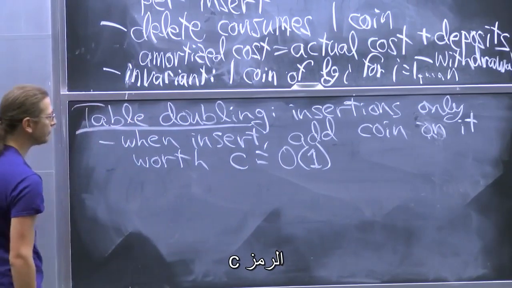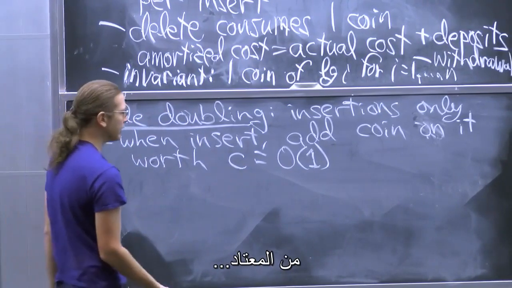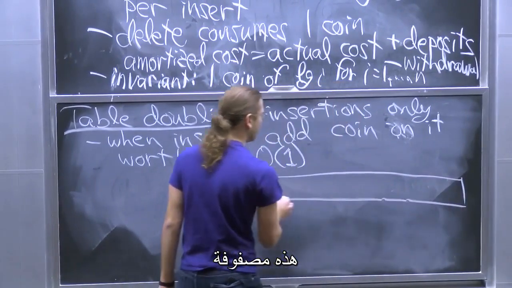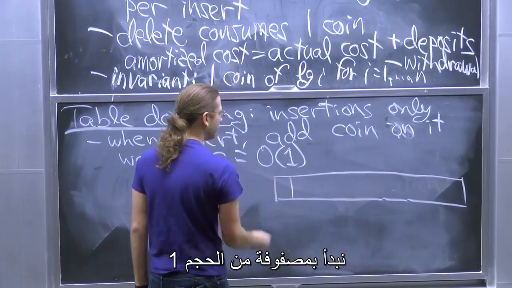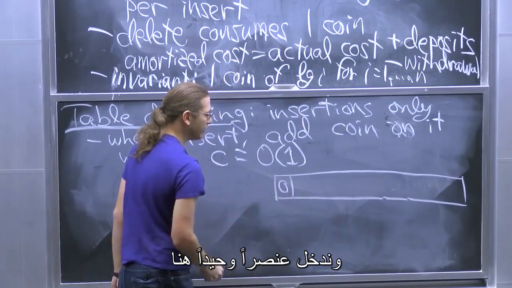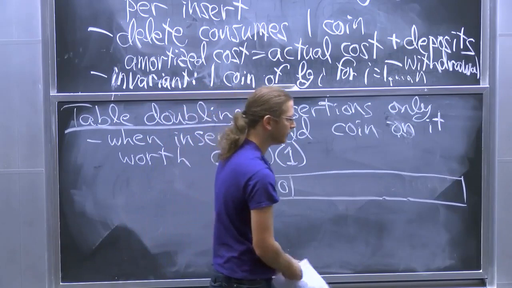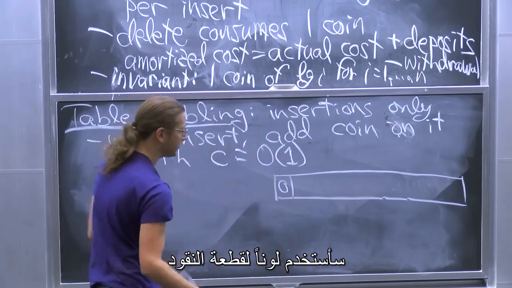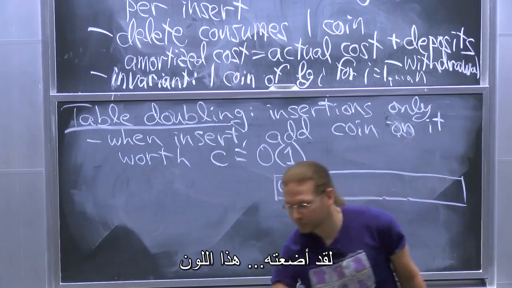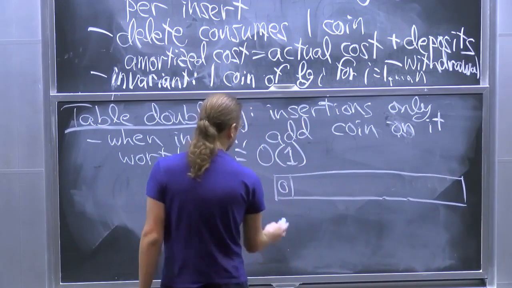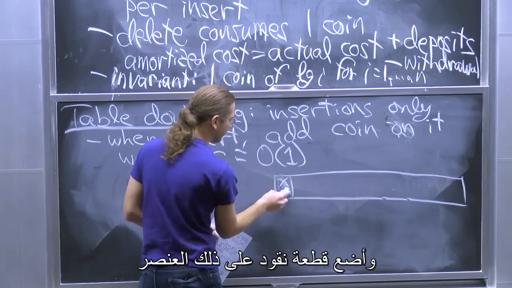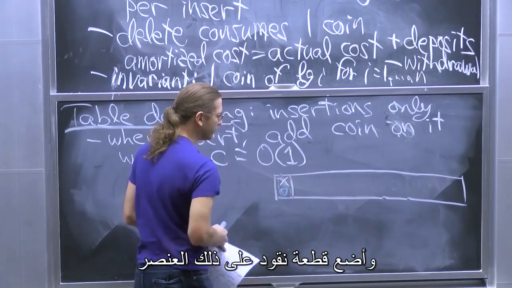So here's an array. We start with an array of size 1, and we insert a single item here, and we put a coin on it. So I insert some item x, and I put a coin on that item.